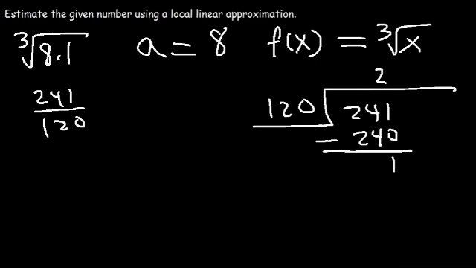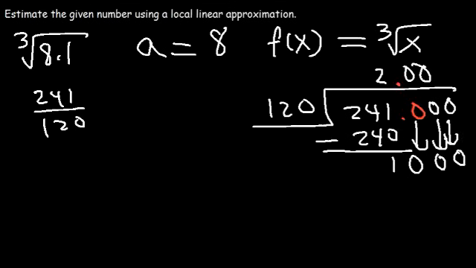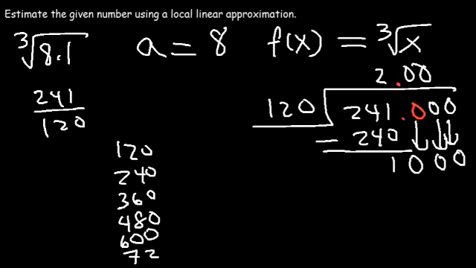There's a remainder of 1. Now we need to add a 0, so let's add a decimal point. Now 120 goes into 10 0 times. So let's add another 0. 120 goes into 100 0 times. So let's add another 0. How many times does 120 go into 1,000? So it's 120, 240, 360. And if you keep adding 120, it's going to be 480, 600, 720.